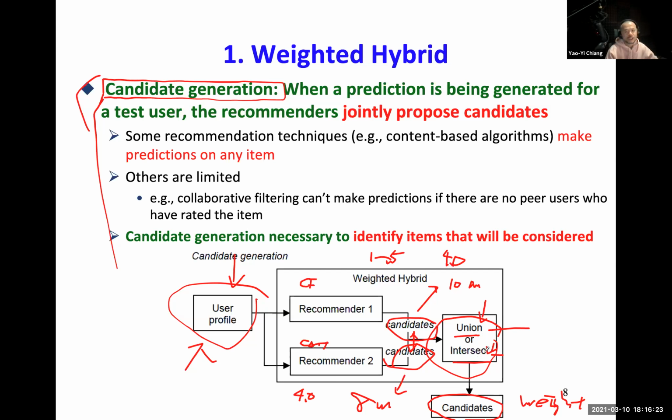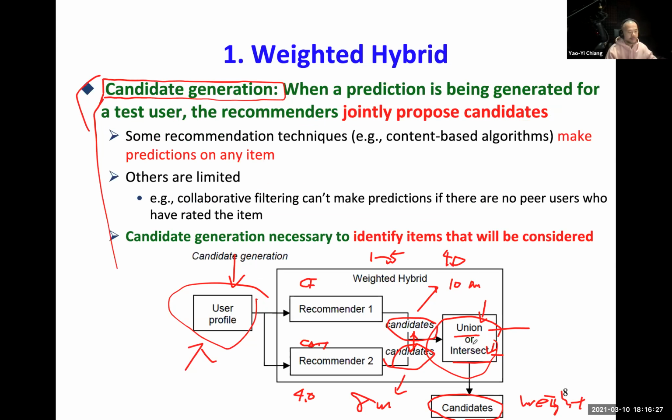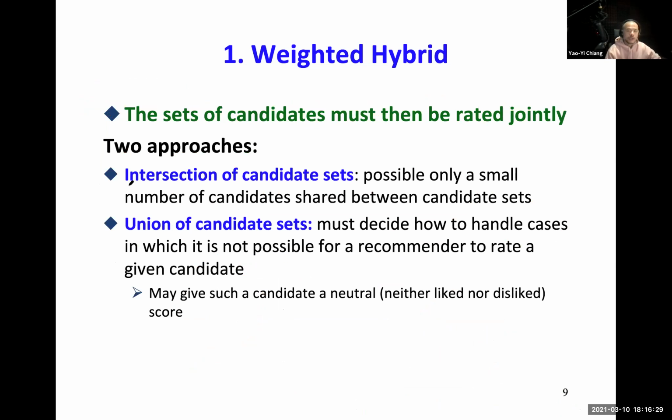Well, if you have the slides, you should already know, but let's look at the slides. So intersection: if you take the 10 movies and 8 movies, and you make an intersection to find movies that appear in both lists, this will probably be only a small number of candidates, right?